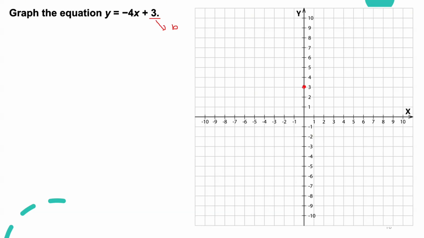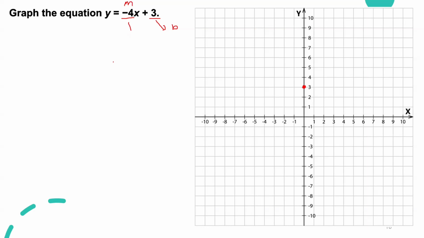Once I identify my y-intercept, identify and plot, I'm going to identify my slope. My slope here is m, which is negative 4. Means that my line is going to be trending down because my slope is negative. Again, once you are given an integer, you need to put that number over 1 to turn it into a fraction.